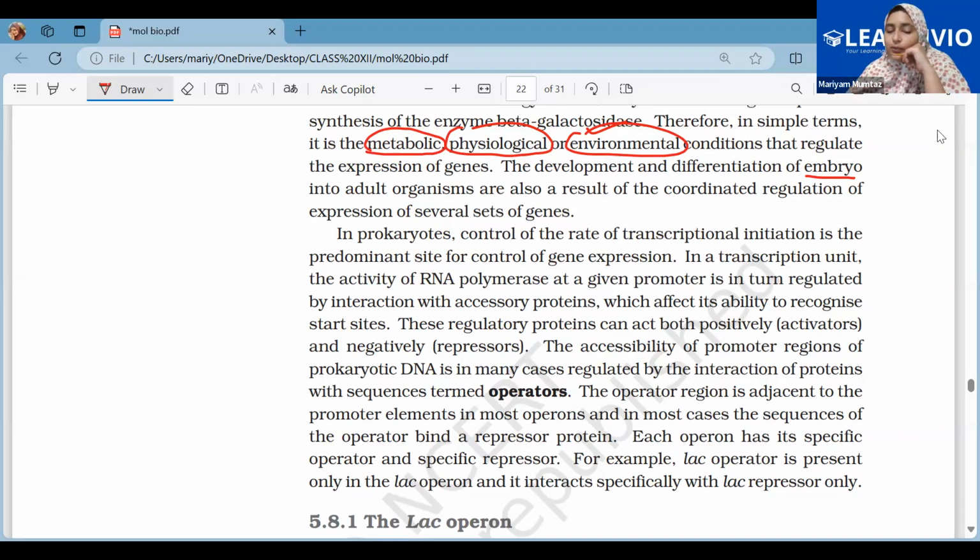But do you think it will be possible without the genes and how the genes are regulated? Yes or no? No, ma'am. Of course not. Anything that happens in our body, if we require any enzyme at a particular point of time, or any antibody, all of these things happen because of gene regulation only, because the whole process of protein synthesis goes through that.